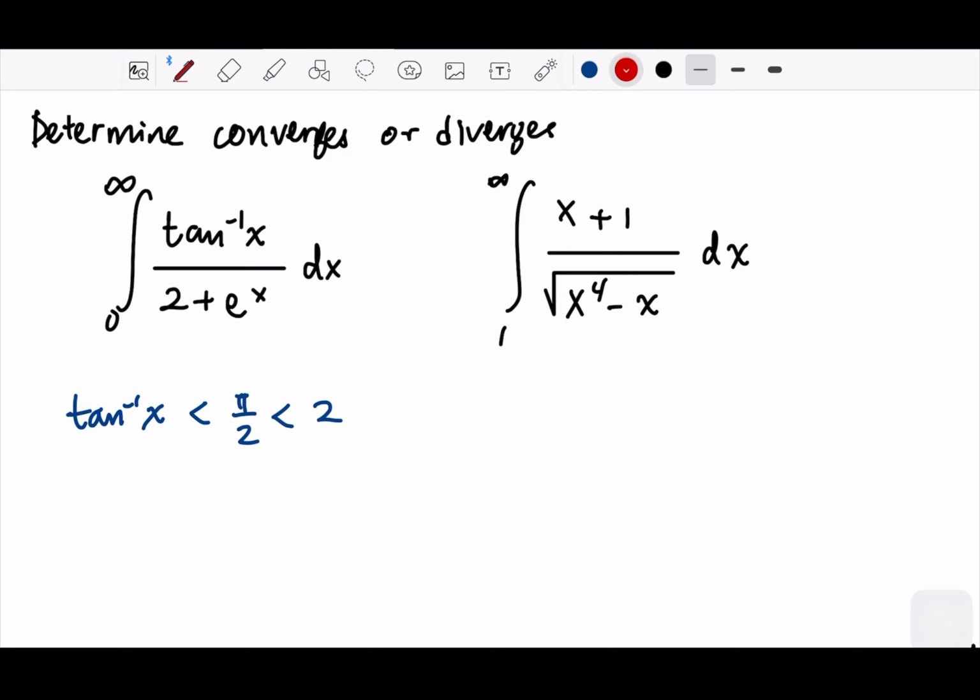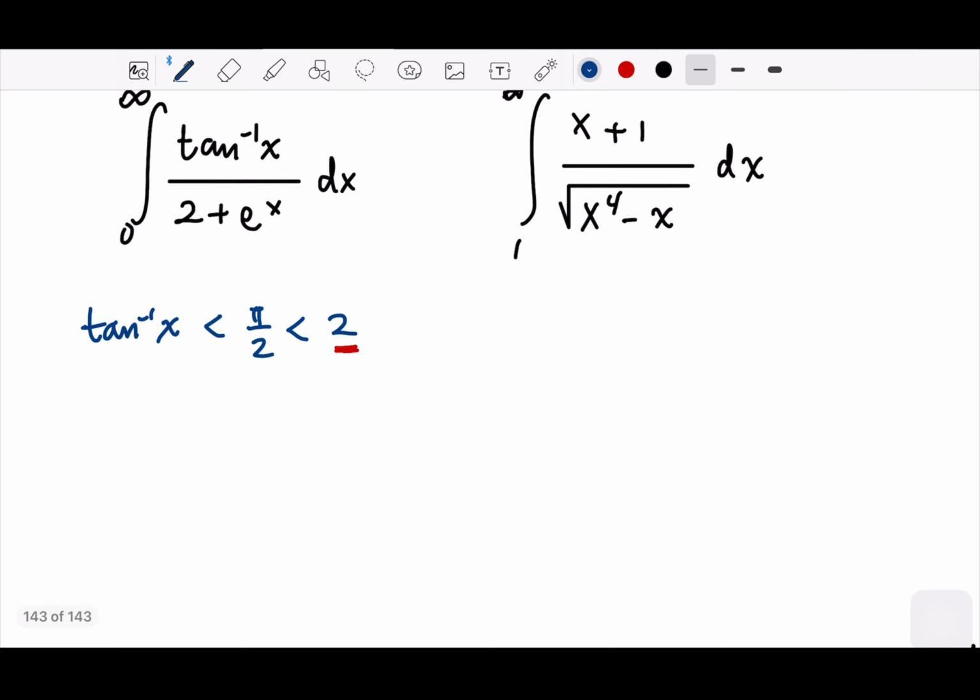So we could take this 2 for our other function that needs to be compared. So we could write tangent inverse x over 2 plus e to the power of x. This is going to be less than 2 over 2 plus e to the power of x, right? Okay. Based on our deductions here, we could write this.